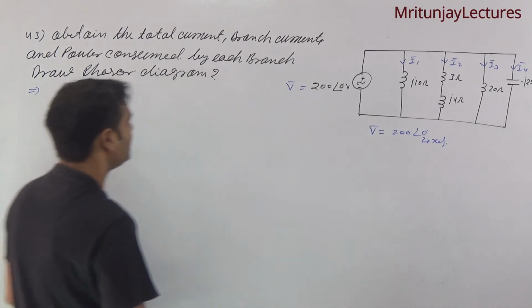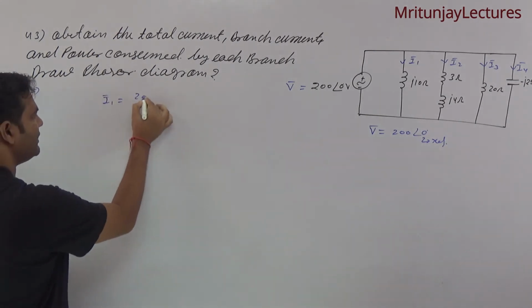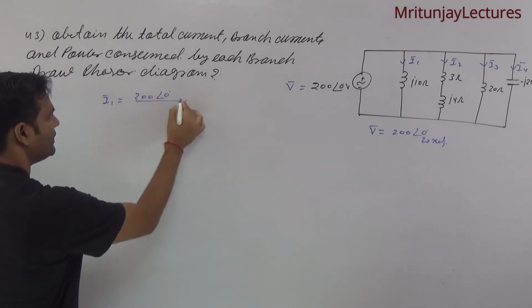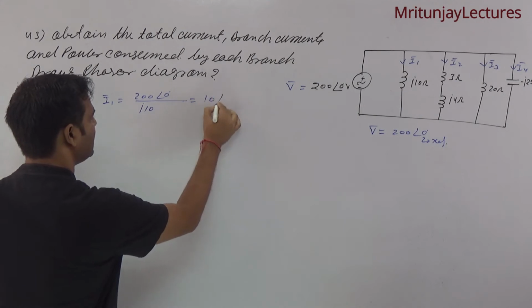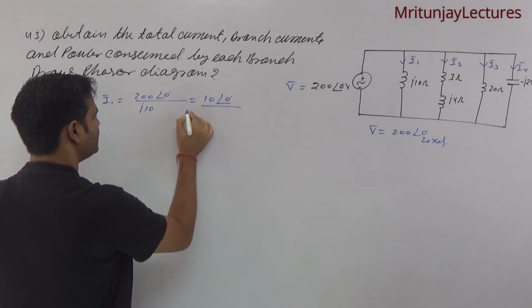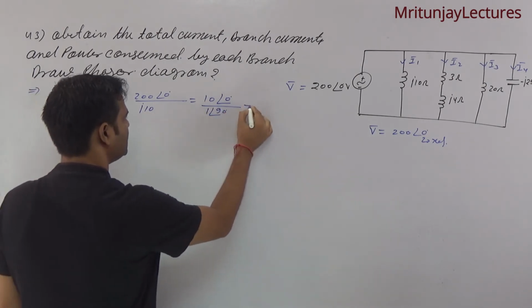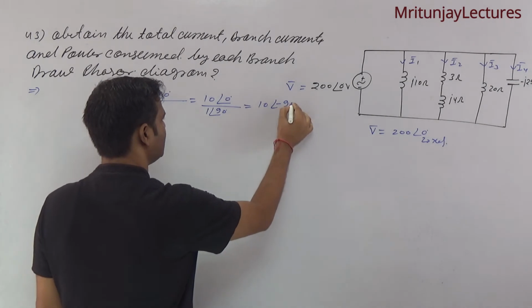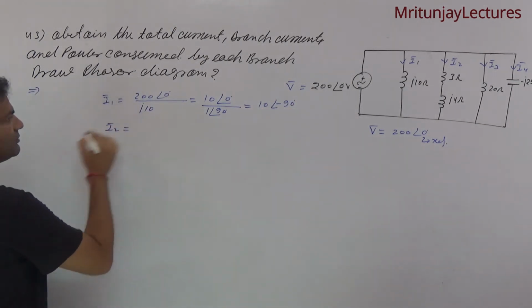Okay, similarly, what about I1? I1 is written as 200 at the angle 0 divided by J10, means 10 at the angle 90 degree, so it is 20 at the angle minus 90. Clear? Similarly, what about I2?